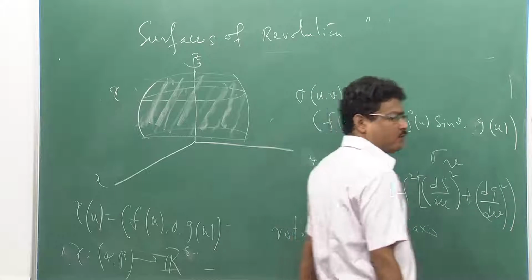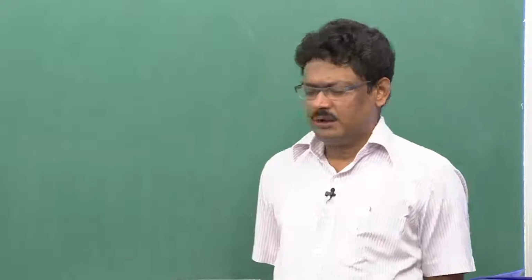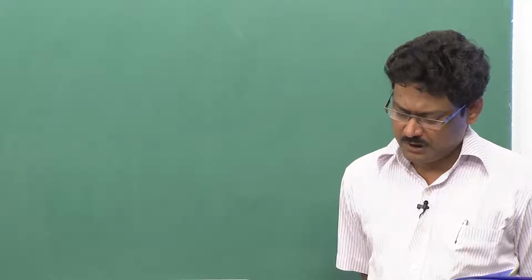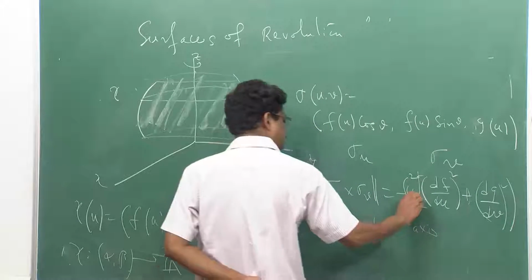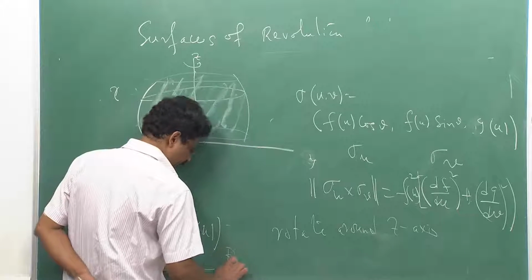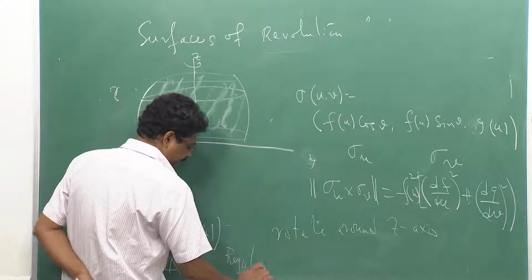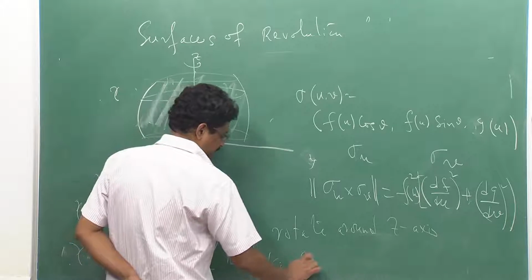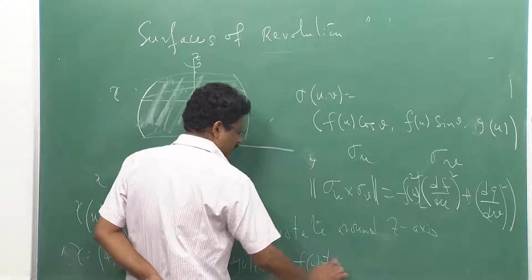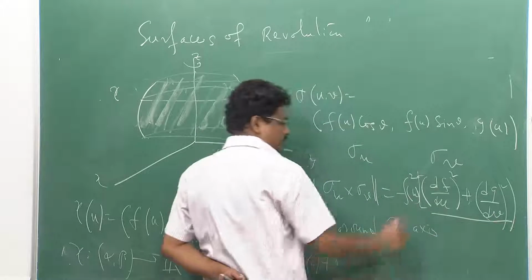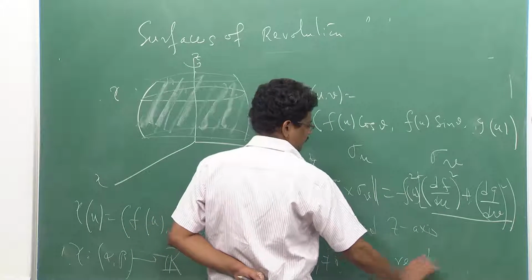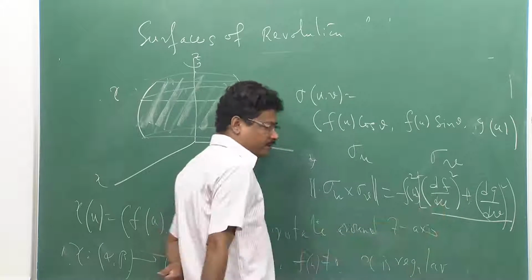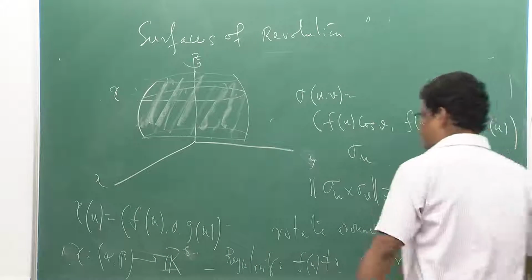So, to be a regular surface, I must have f square u, so the regularity condition is that f u is not equal to 0, and this never goes 0 means gamma is regular. This is the tangent vector of gamma, because gamma is this.